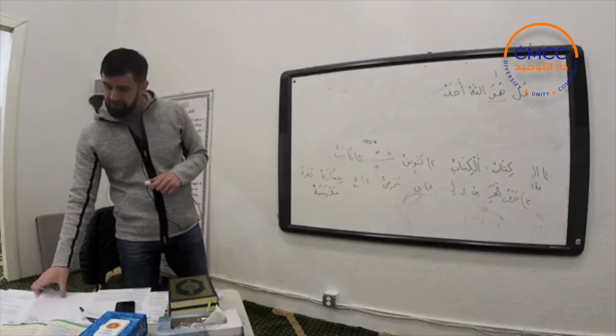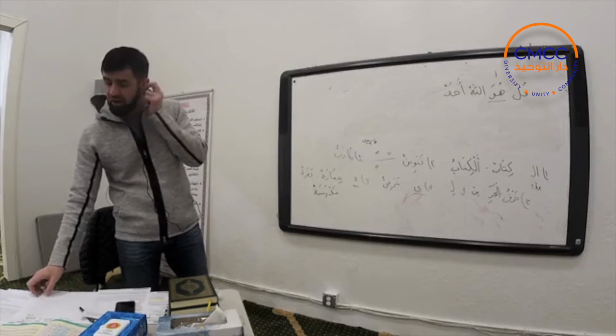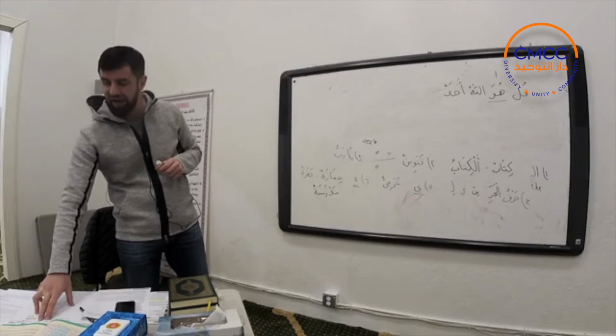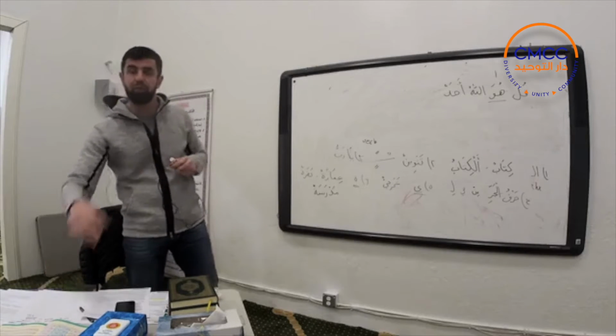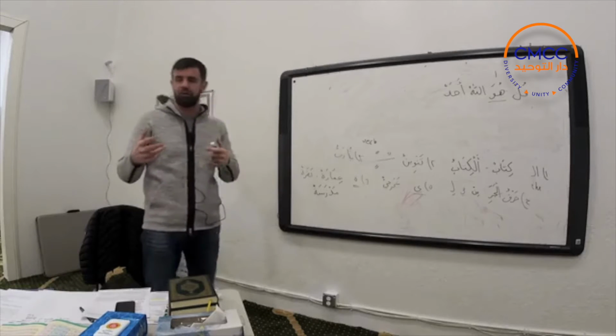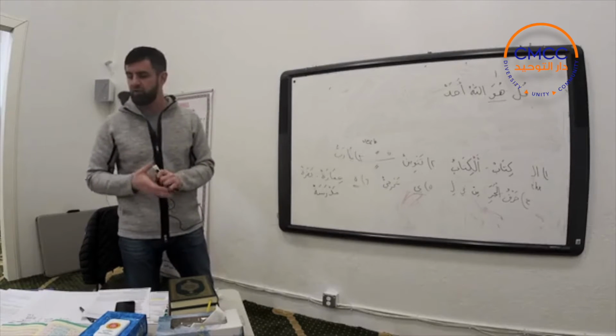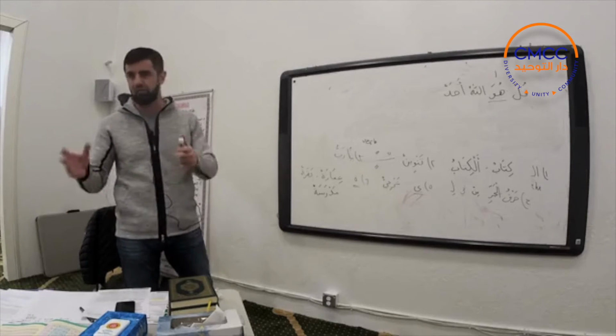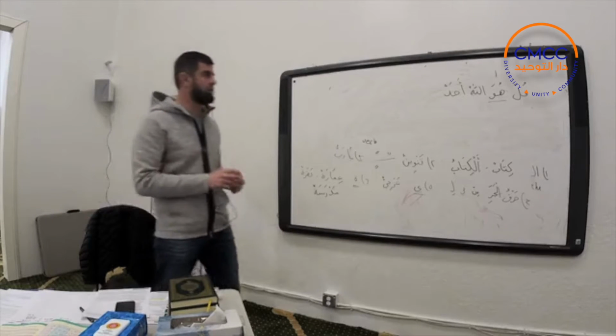I just wanted to go into some details concerning al and tanween today. If we'll be able to revise all these topics, al and tanween, that would be good. If we have time, we'll try to do it. If not, we'll just go with al.